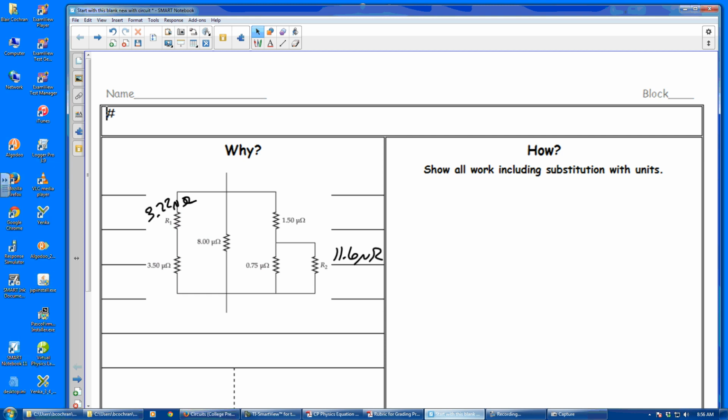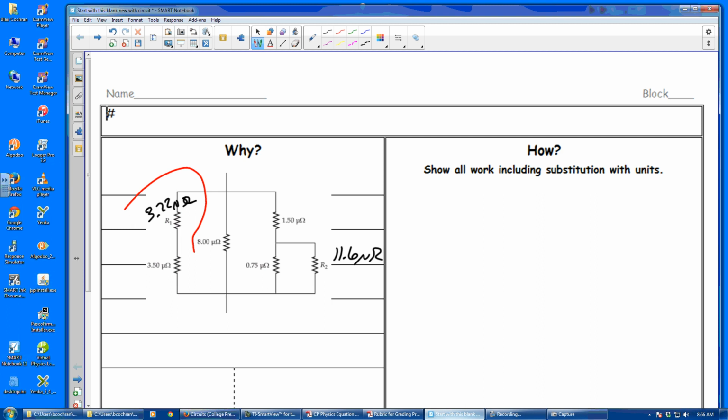And then over here on the bottom right corner of the circuit, I have two resistors that are in parallel with each other because they both have both ends connected to each other, so the same voltage across them. So I can actually reduce this twice in one step. Are you guys okay with that, or do you want me to do them each separately? Okay. Good, because I'd rather.